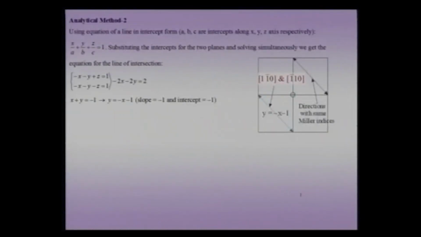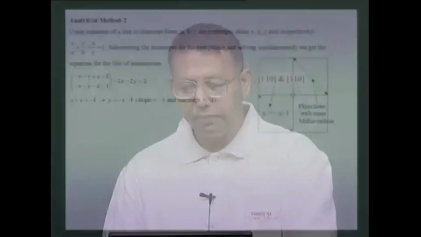An alternate, analytical method to solve the same problem would be to use our common understanding of coordinate geometry. So here I am going to use an equation of a plane. For instance, an equation of a plane with intercepts along the x, y, z directions is given by x by a plus y by b plus z by c equal to 1. This is an equation of a plane in which a, b, c are its intercepts along the three coordinate axes.